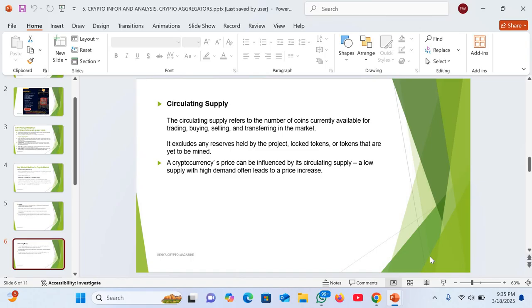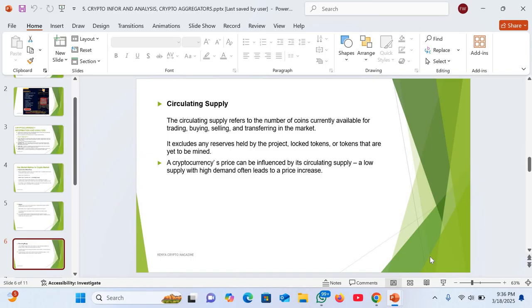And it is done by solving what we call complex mathematical puzzles, or complex mathematical solutions. Once you are able to solve that, you will have verified a transaction, and you get rewarded by X amount of bitcoins.